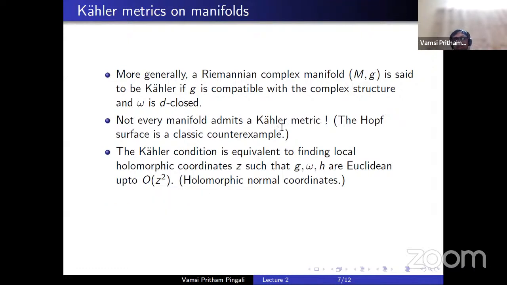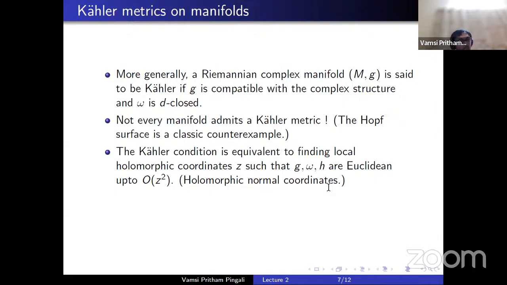So how do you prove this? This is not rocket science. What you do is you take any old holomorphic coordinate chart, your favorite one, and change it using a linear transformation so that H at that point becomes the identity matrix.